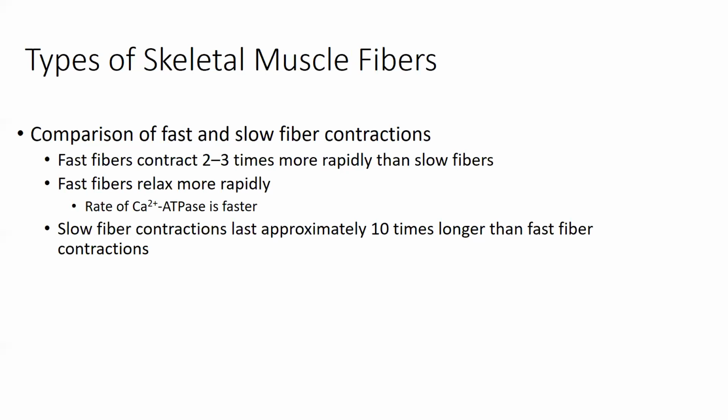Slow fibers, on the other hand, are the opposite. Okay, they're going to contract 10 times slower than your fast fiber. Okay, so if you had a fast fiber that was doing 100 cross bridges per second, your slow fiber would only give you 10 cross bridges in that second. Okay, they are much slower in their rate of contraction than fast fibers.